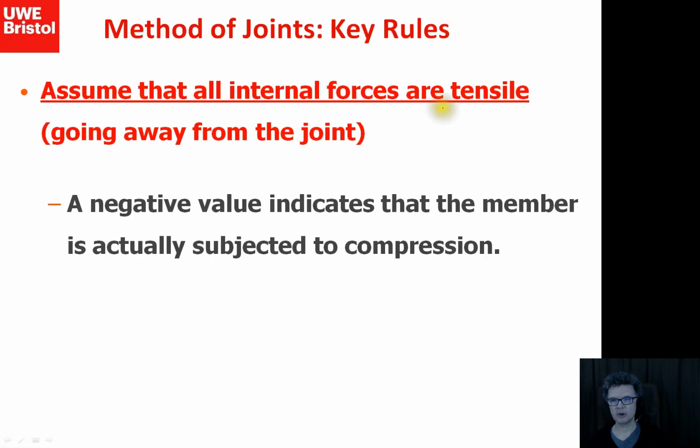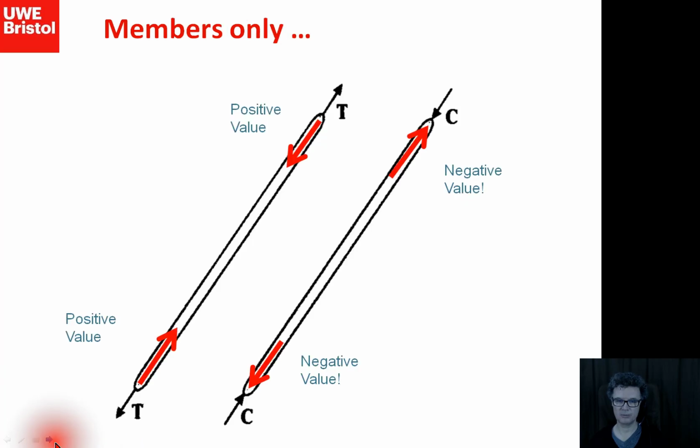So we're going to assume that all the internal forces are tensile, meaning that they're all pointing away from the joint. And if we end up with a negative value when we do our calculations, then we know that those forces are an example of something in compression. So here's me pulling this member apart, and the forces are pointing away from the joint. So we've got to imagine our joints are here and here.